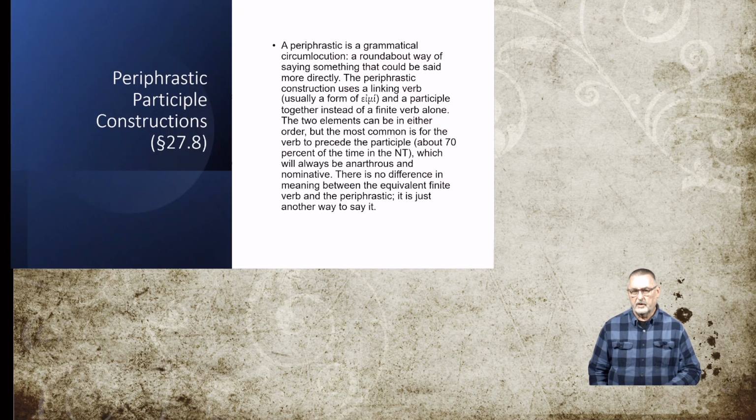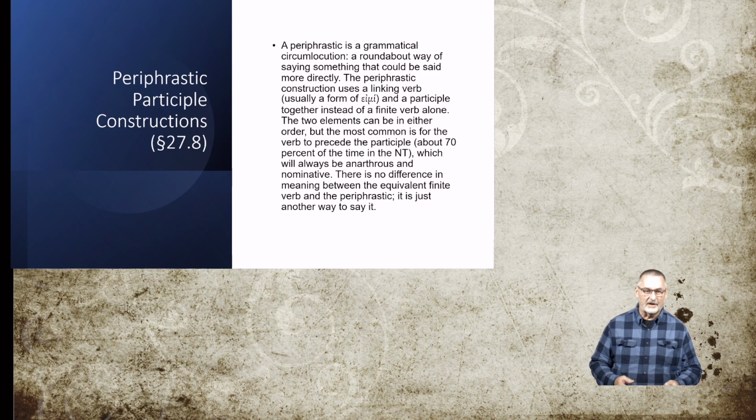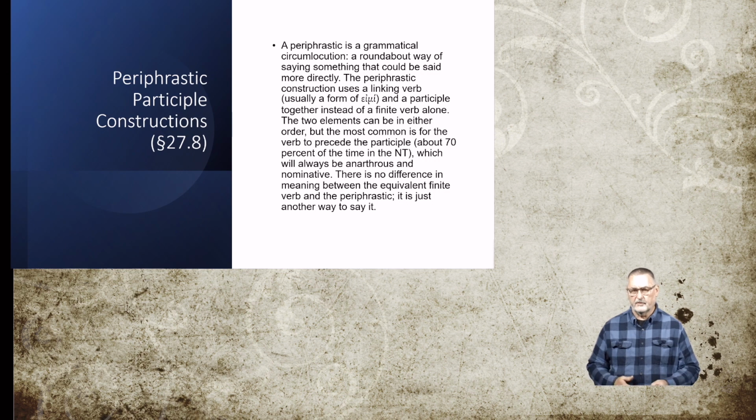One more thing that we need to consider is a periphrastic participle construction. I've taken this text directly from section 27.8. A periphrastic is a grammatical circumlocution, a roundabout way of saying something that could be said more directly. The periphrastic construction uses a linking verb, usually some form of eimi, and a participle together instead of just a finite verb alone.